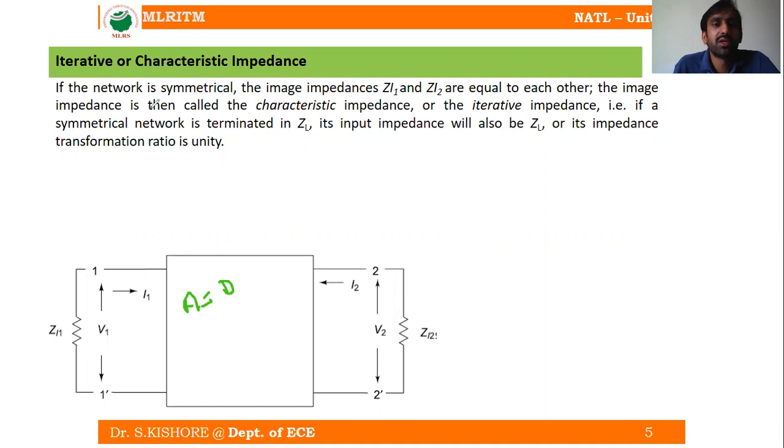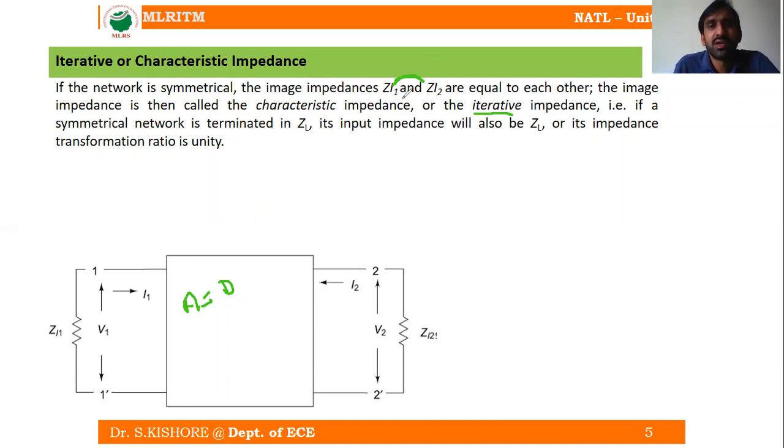If A is equal to D, that means the two-port network is symmetrical, so the image impedances ZI1 and ZI2 are going to be equal, and this impedance is nothing but the characteristic impedance or the iterative impedance of the network. Iterative here means that when these two are equal, there will be no change in the impedances even if the parameters are varied.